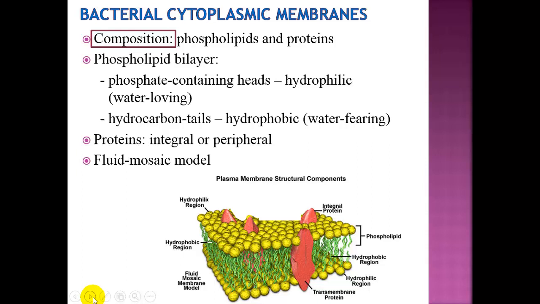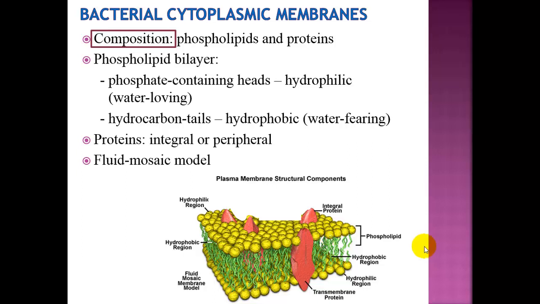It has a phospholipid bilayer structure in which the phosphate heads, shown here in yellow, are hydrophilic or water loving, and the hydrocarbon tails are hydrophobic or water fearing, facing each other on each side of the bilayer membrane, and here they are shown in green.